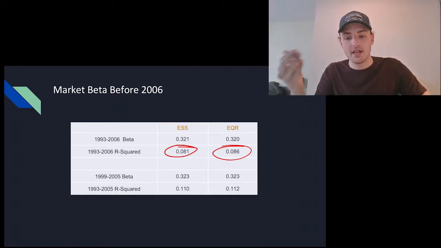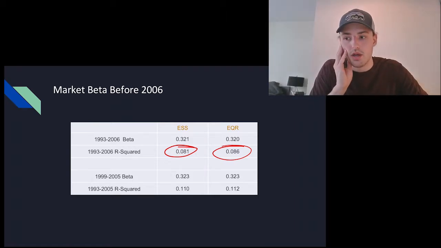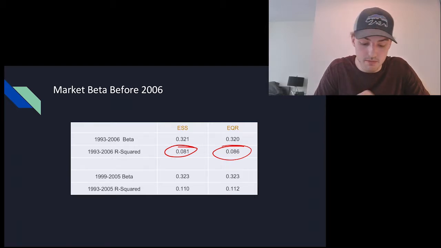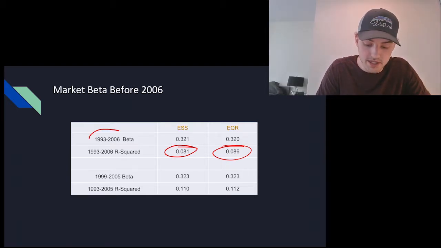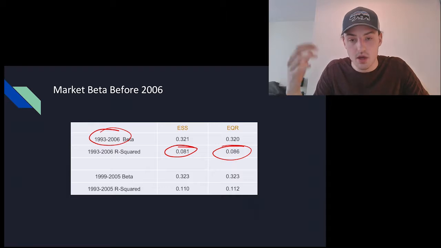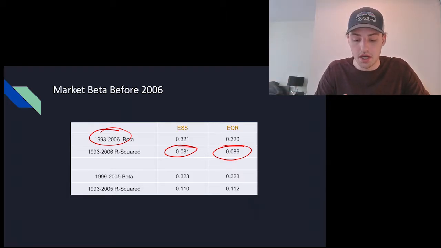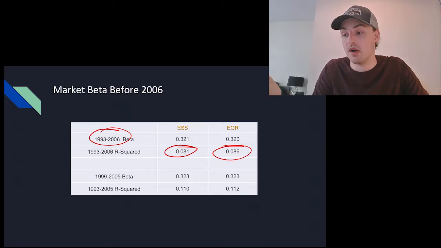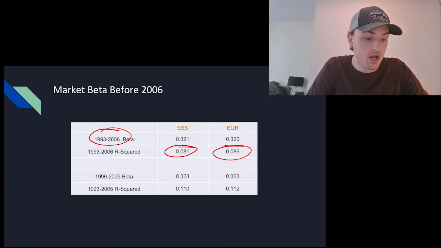So meaning that we couldn't find any statistical relationship from 1993 to 2006, we really couldn't find any statistical relationship between residential real estate and the S&P 500. Therefore, an unrelated asset class is fantastic for overall portfolio hedging.